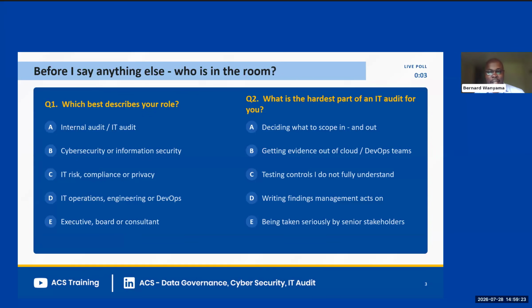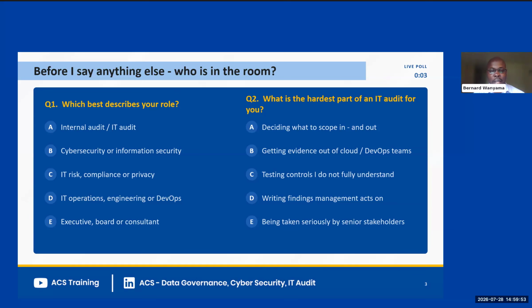The second is about pain points. The hardest part of an IT audit for you. What's the hardest part of an IT audit for you? Is it deciding on what to scope? What do you put in and what do you leave out? Is it getting the actual evidence out of the cloud, the infrastructure, the different teams that you're working with?